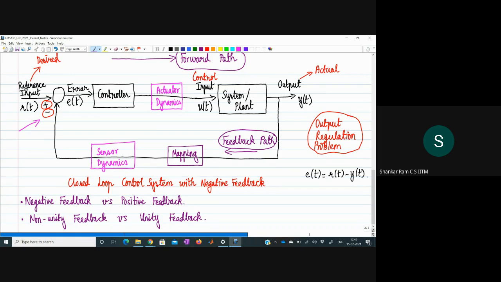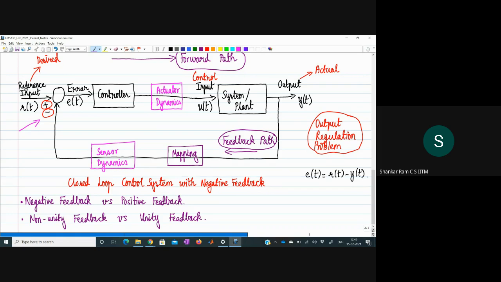We got an error, and we passed it through a controller and got a control input. Then we look at whether we have a mapping in the feedback path which is not one; then we have what is called non-unity feedback. In most cases, we are going to consider negative feedback. And then we also have sensor and actuator dynamics coming into play when we design this closed loop control system. So this is the overall block diagram.